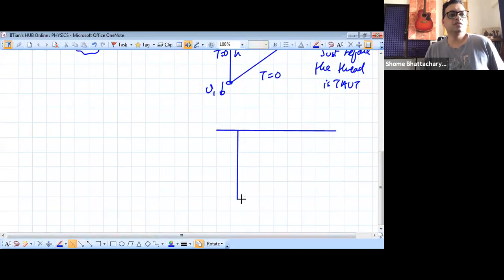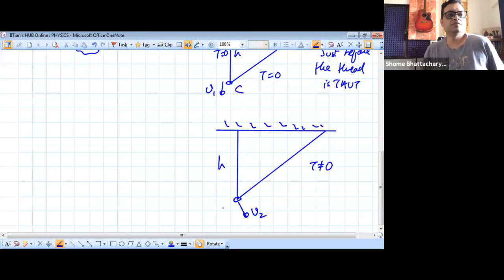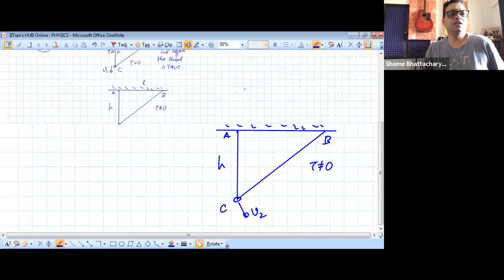So that the geometry looks almost the same, but at that moment its velocity could change. It becomes something like this. And the tension in the thread is not equal to 0. So between this and this moment, that is when the crucial calculation will come.